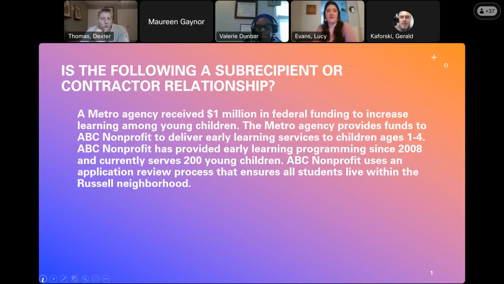We're going to figure out, is the following a subrecipient or a contractor relationship? A metro agency received $1 million in federal funding to increase learning among young children. The metro agency provides funds to ABC nonprofit to deliver early learning services to children ages 1 through 4.